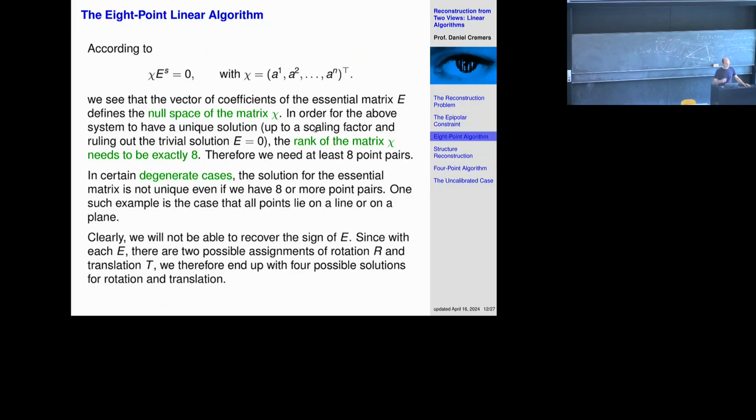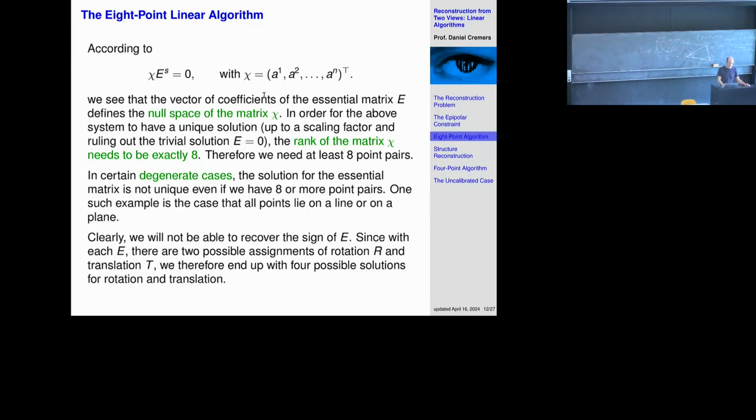rank 8. In practice, if you take exactly 8 points, and sometimes even if you take more points, there are degenerate cases where this matrix will not have rank 8, but will be rank deficient. Then you have a problem, then there is no unique essential matrix.